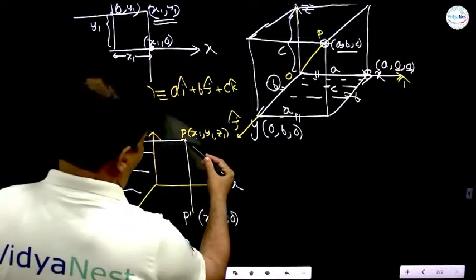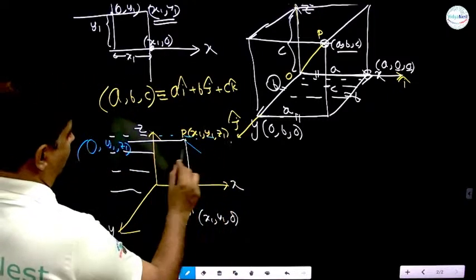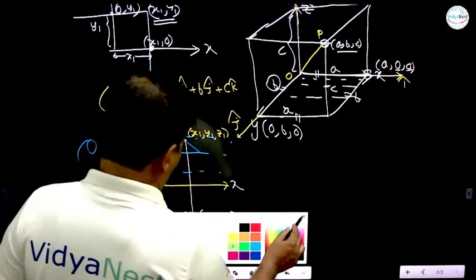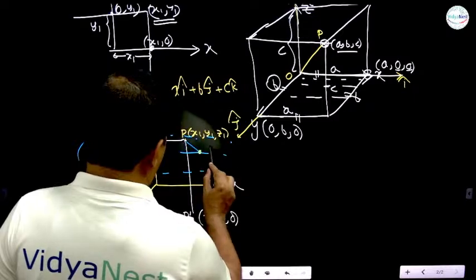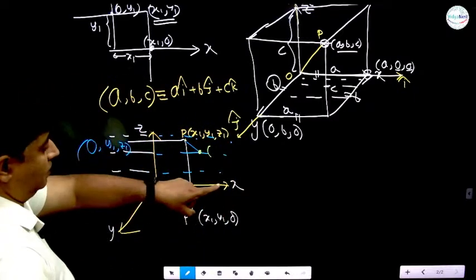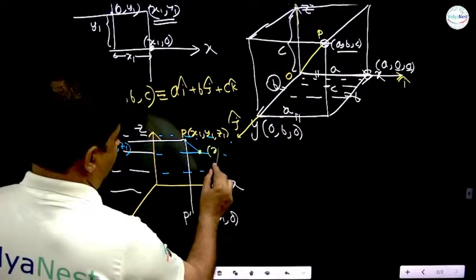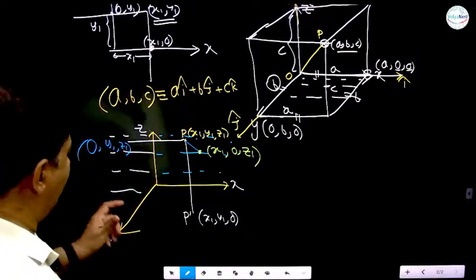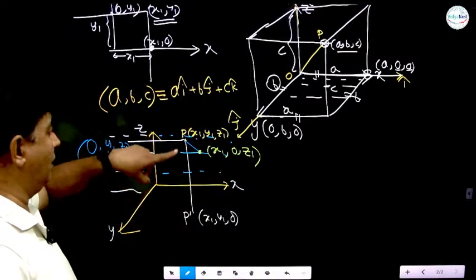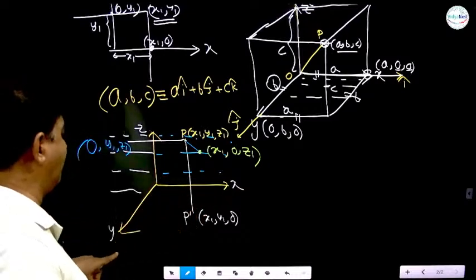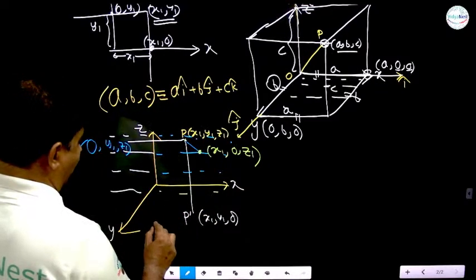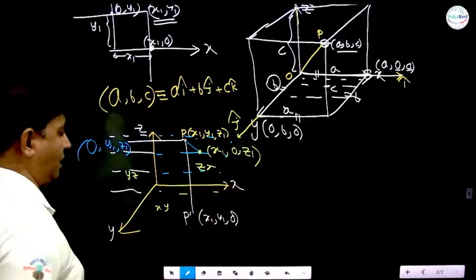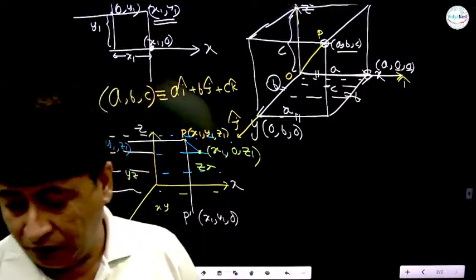Now if I draw a perpendicular on zx, then the point's coordinate in zx, where y will be 0, is (x1, 0, z1). So this is the way I can get the foot of the perpendicular drawn from a point to a plane. This is called the xy plane. This is called the yz plane. This is called the zx plane. Understand? Yes, sir.